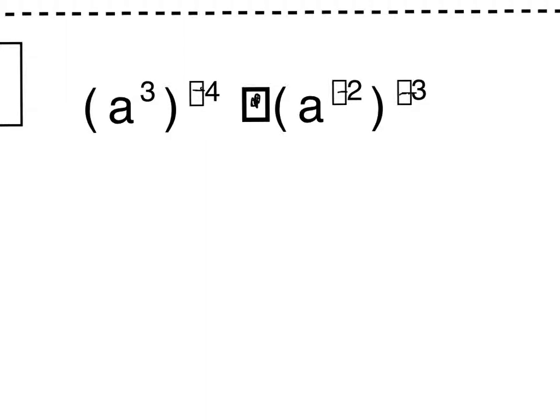We have a to the 3rd times negative 4. 3 times negative 4 gives you a to the negative 12. And then we have to multiply a to the negative 2 times negative 3. And negative 2 times negative 3 would give us a to the 6. Okay?